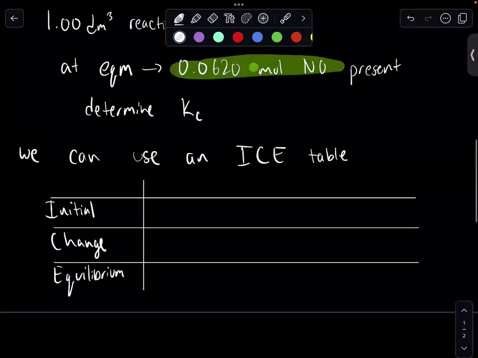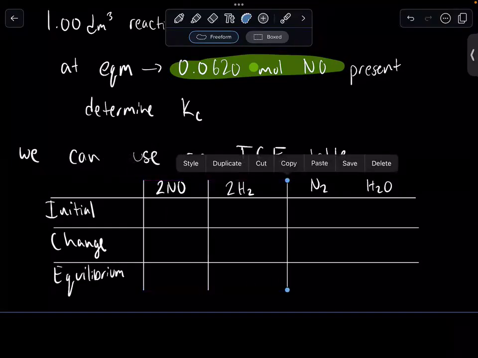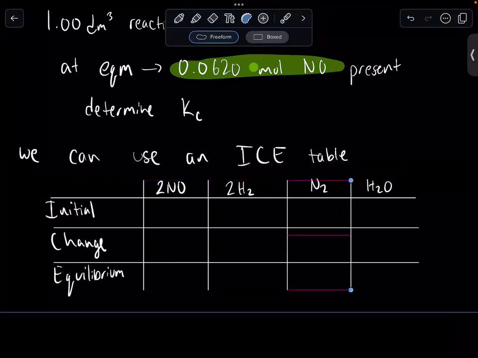So we are going to start with 2NO, and it's very important to keep your coefficients: 2H2, N2, and H2O. So we are now setting up our table. The last thing to note is all values in this table are concentrations, meaning mol dm^-3.